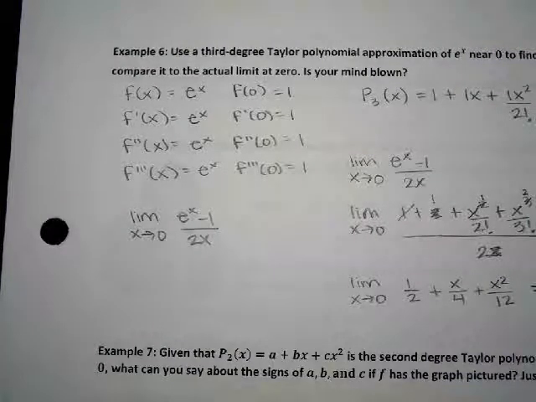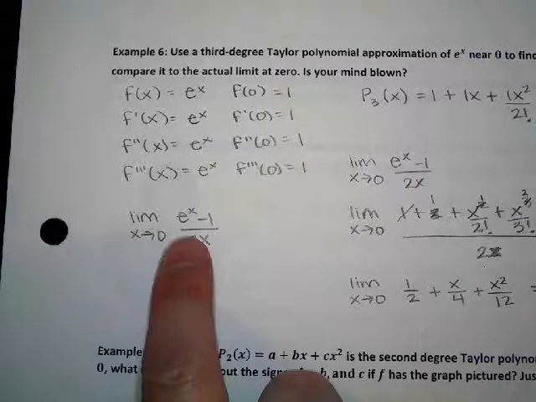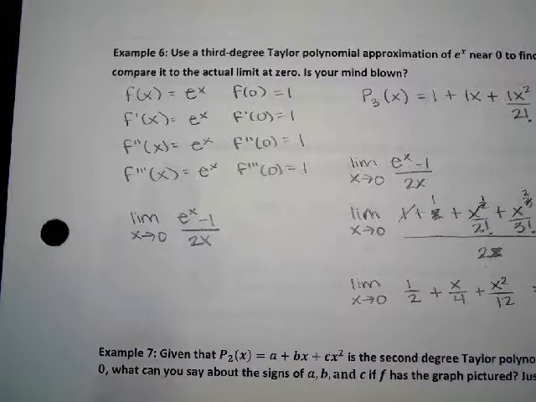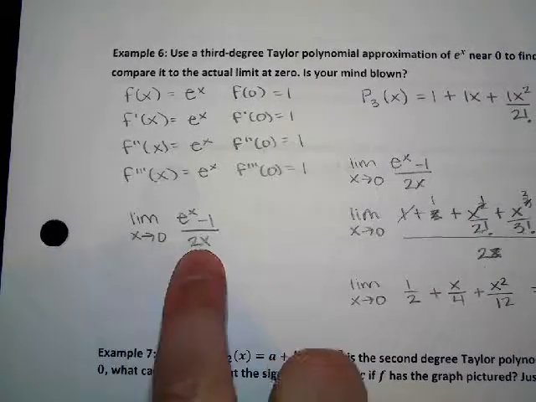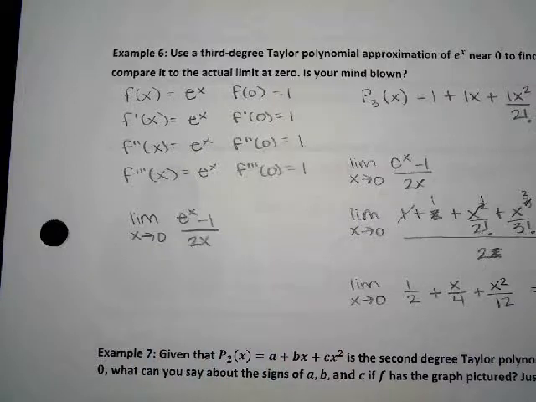Say it again? L'Hopital's, yeah, because you would have plugged in 0 to the top, and you would have gotten 1 minus 1 is 0, and you would have plugged in 0 on the bottom, you would have got 0, so you would have had 0 over 0.